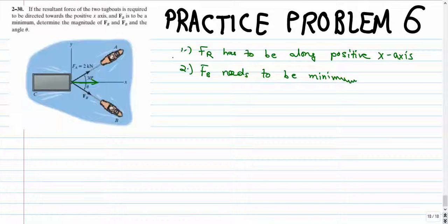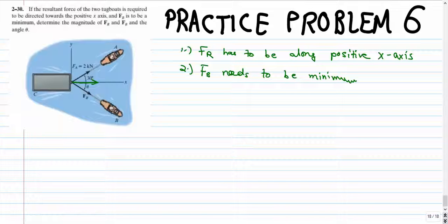So if the resultant force is along the horizontal x-axis, that means that it has no net component along the y-axis. In other words, the y components of the 2000 Newton force and the Fb force have to cancel each other out. And to cancel each other out, their components along the y-axis need to be equal in magnitude but opposite in direction.